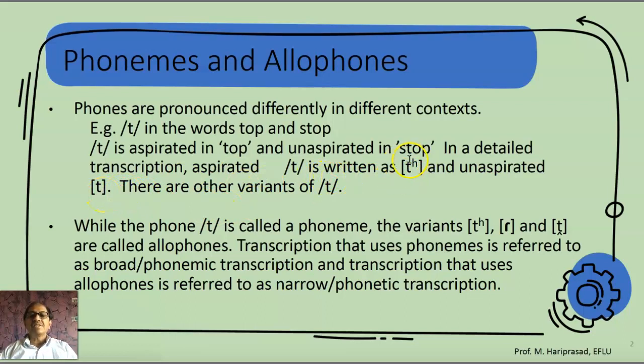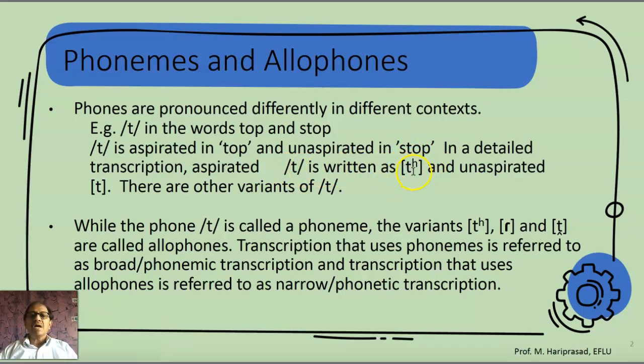But the difference is, when you have a detailed transcription, we use square brackets, right? When we do not give a detailed transcription, then we put it between slashes, and slashes represent the phonemes and these represent allophones, right?